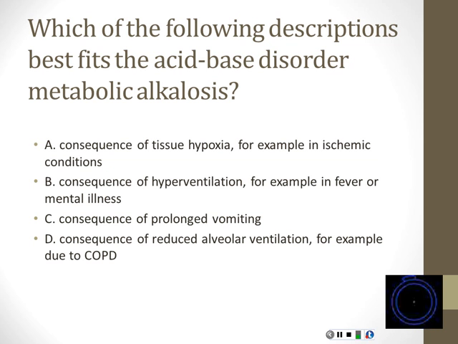It's probably a heart problem. It's a cardiovascular problem. So that would be an example of a metabolic acidosis, where the decrease in pH is due to some other thing besides breathing, right? And then B would be a great example for respiratory alkalosis, and D would be respiratory acidosis.